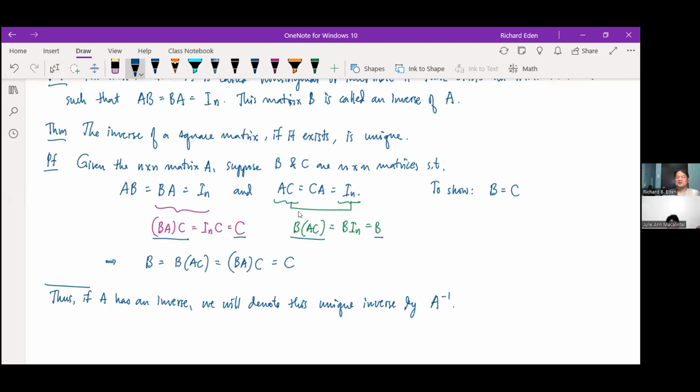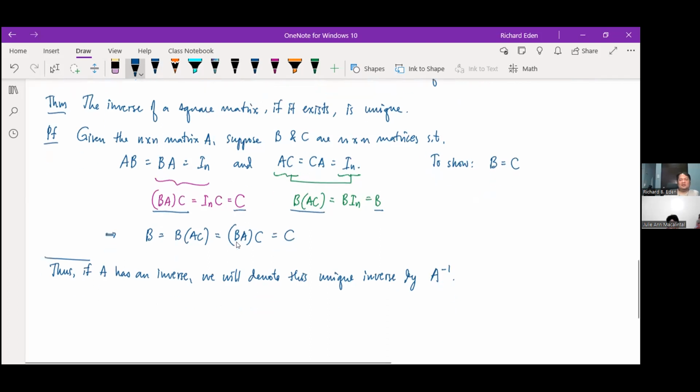Parang, nung A inverse, A superscript -1, well-defined na siya, kasi it's not like we have to ask which of the many possible candidates this refers to. We have justified that if there is an inverse, isa lang yun, and that single unique inverse is what we're going to denote by A raised to -1.